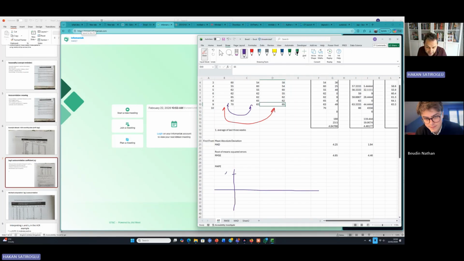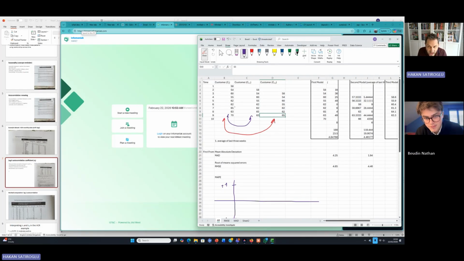This is +1. This is -1. This is the correlation values. Let's say we do for the first lag, we call that one lag. First lag is that one. Second lag is that one. This is the first one, this is the second one, this is the third one.